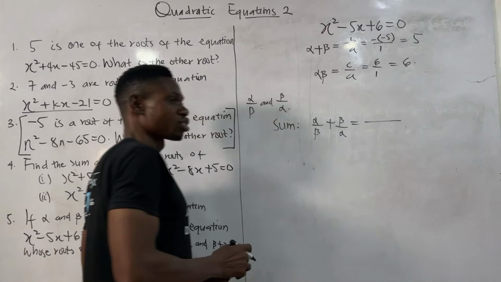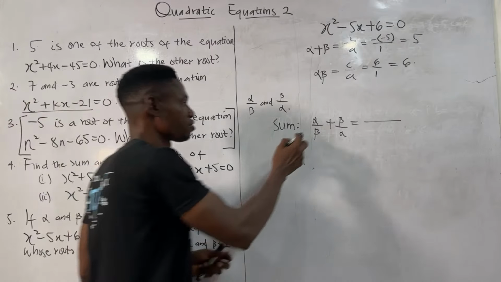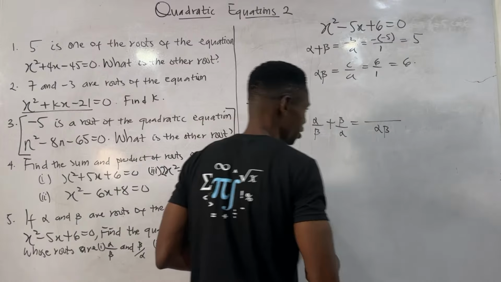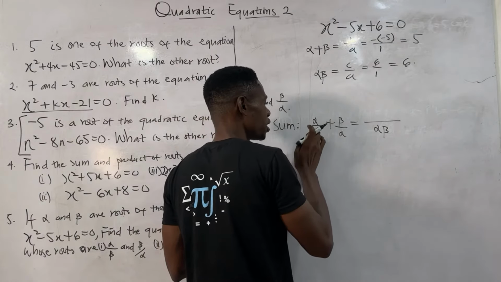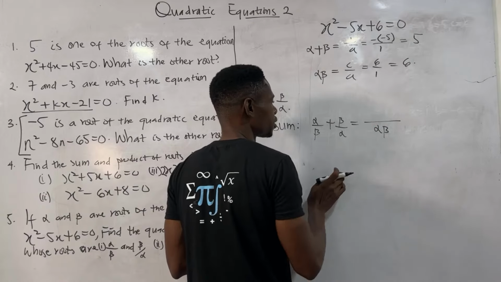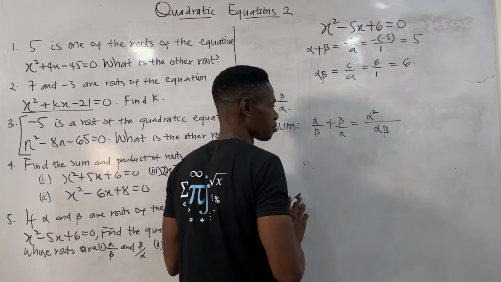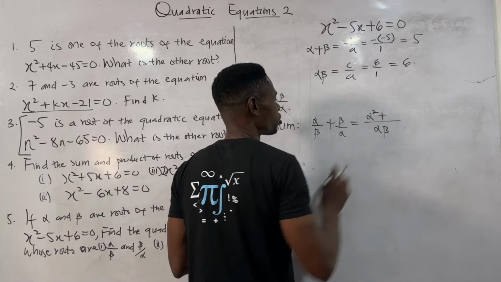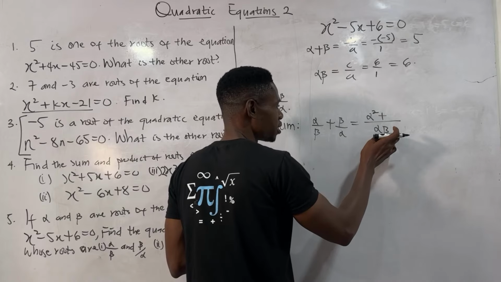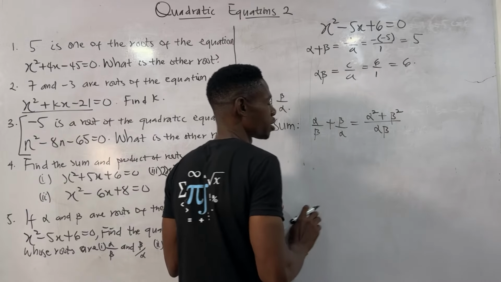Remember, when adding fractions, you use LCM, right? So what's the LCM of alpha and beta? That's alpha beta. Beta in alpha beta gives you alpha. Now alpha times alpha, that's alpha squared, plus alpha in alpha beta gives you beta, right? Beta times beta, that's beta squared.